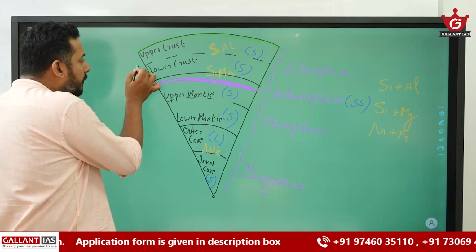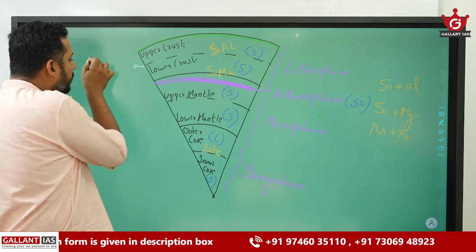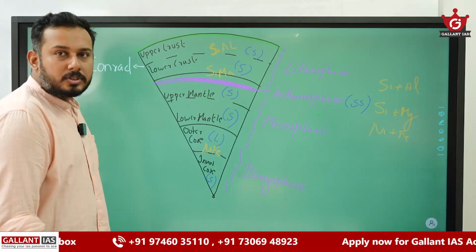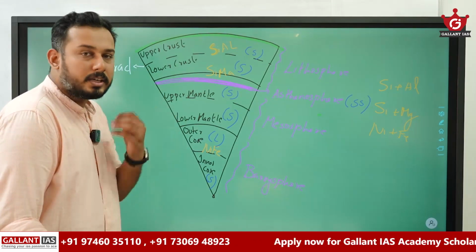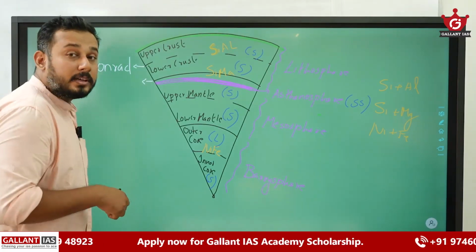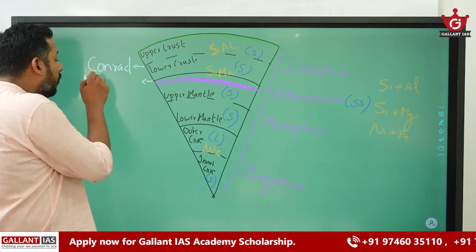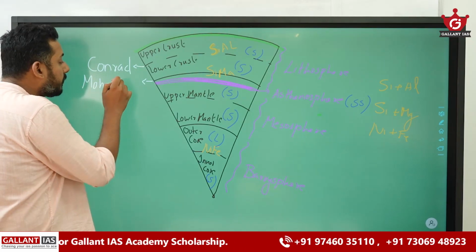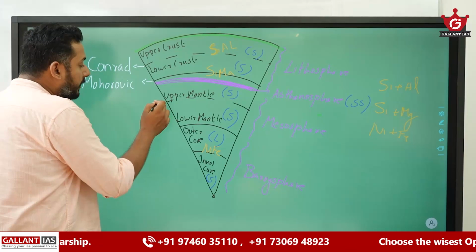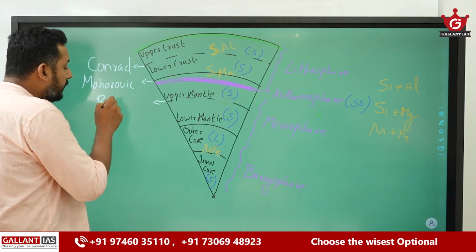The discontinuity between upper crust and lower crust, we call the Conrad discontinuity. Between lower crust and upper mantle, or between crust and mantle, we call it the Mohorovicic discontinuity. Between upper mantle and lower mantle, we have the Repetti discontinuity.